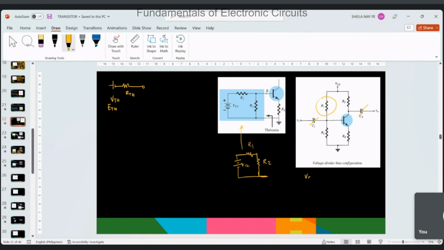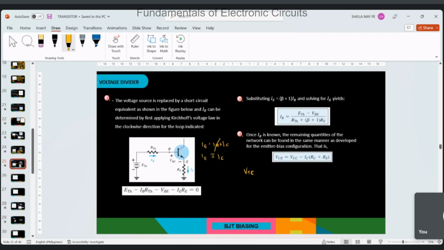Here, di ba, it's VCC minus ICRC minus VCE minus IERE, right? Equal to 0. That's our collector to emitter loop nga KVL equation, right? Class, still following? Yes, ICRC miss, minus VCE minus IERE equals 0. Now, given this condition, we can have this one.